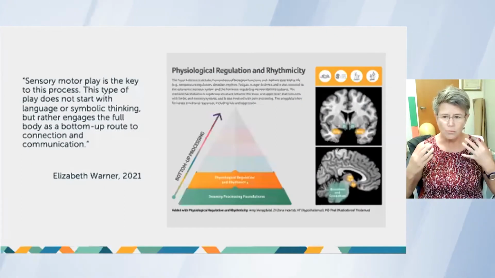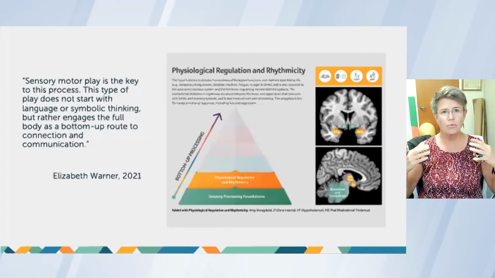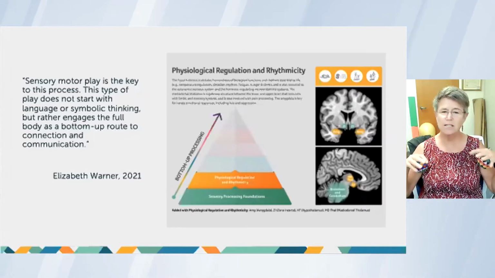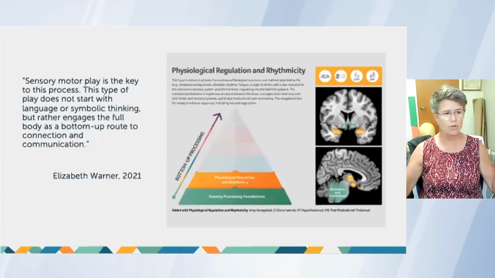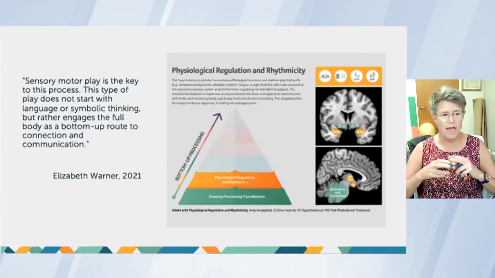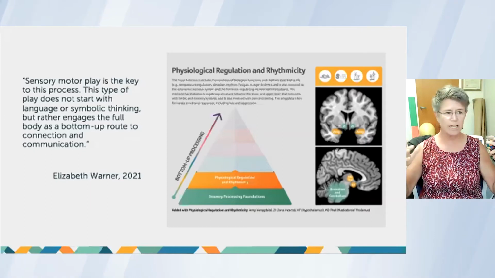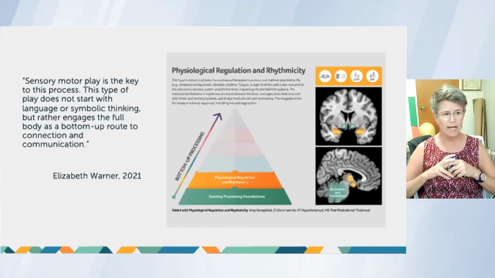Prior to thinking about rhythms of engagement for attachment, we began to look at physiological regulation and rhythmicity just naturally occurring in the child's nervous system and in their play in the SMART room. And the beauty of this play was it didn't require language, symbolic thinking, receptive or expressive language.